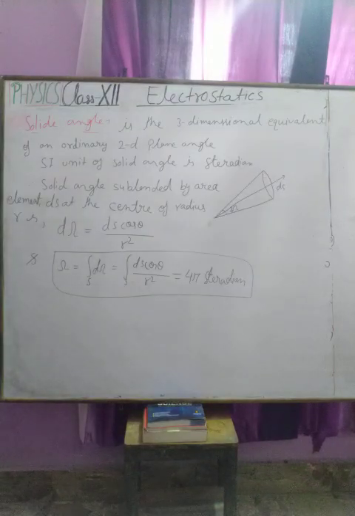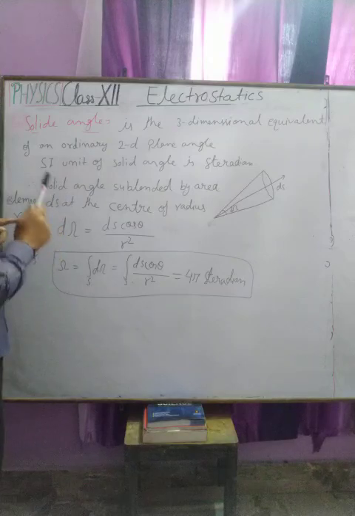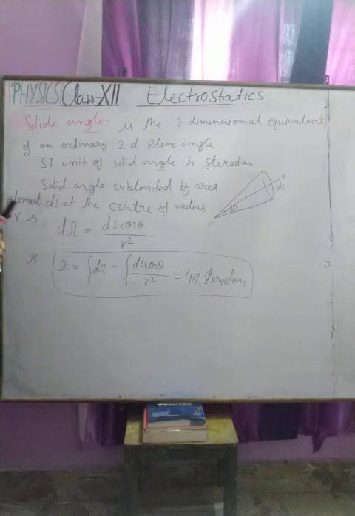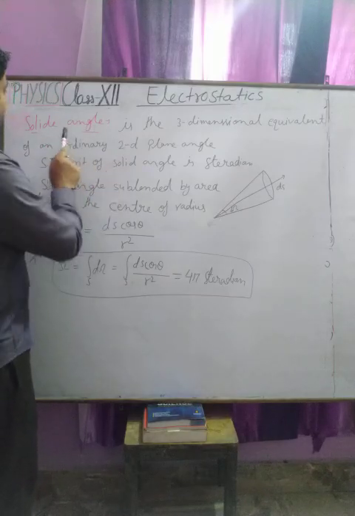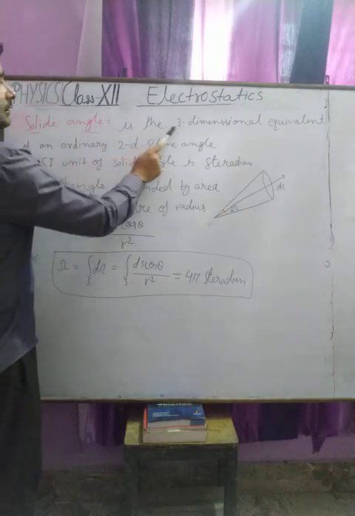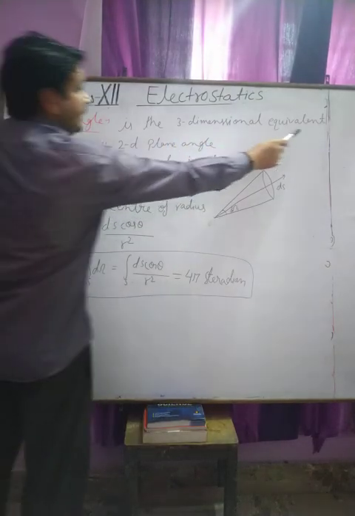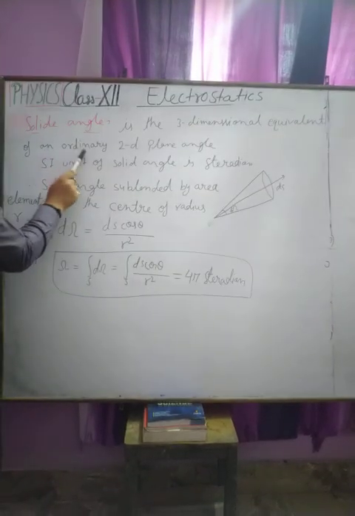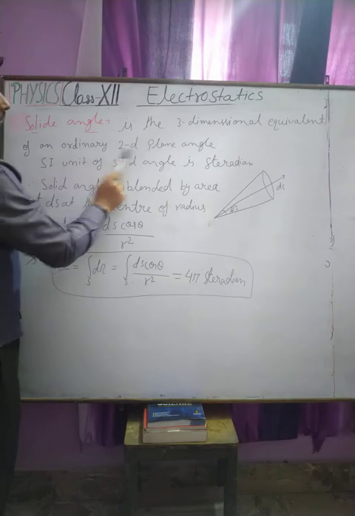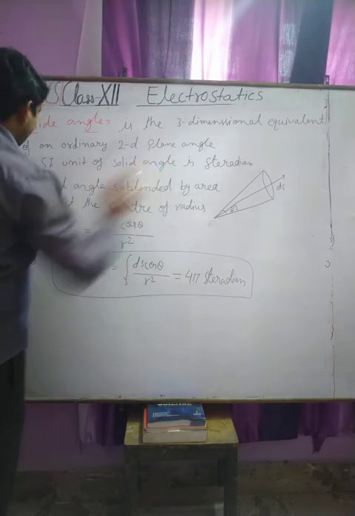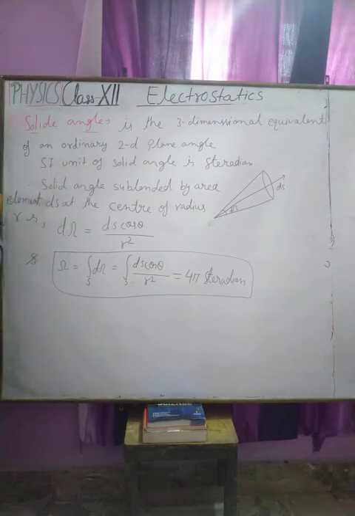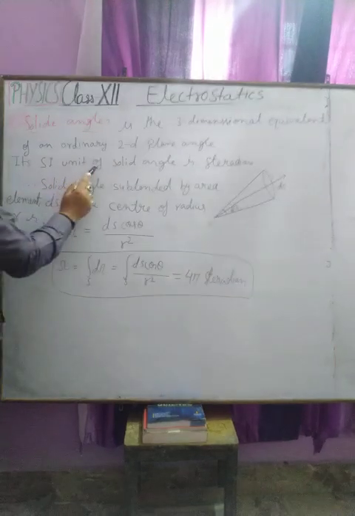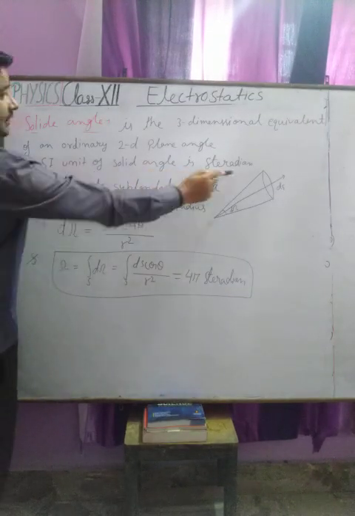Okay student, next we are discussing the solid angle which we use in the proof of Gauss theorem. Solid angle is the three-dimensional equivalent of an ordinary 2D plane angle. Its SI unit is steradian.